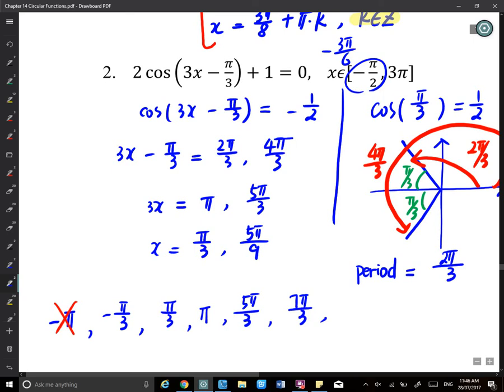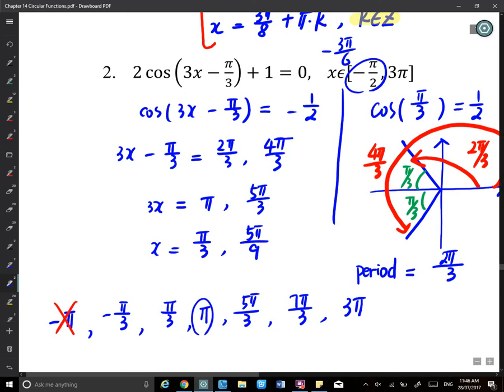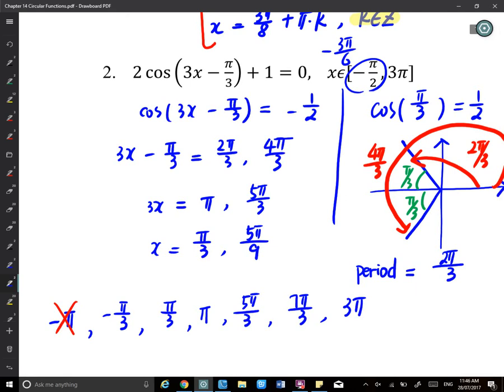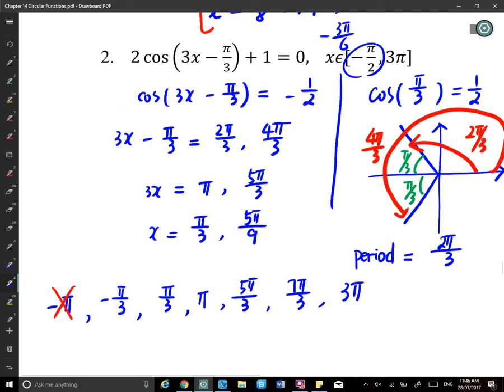Add another 2 pi on 3, which is 9 pi on 3, which is 3 pi, which is fine as well. You just keep adding periods. Once I reach 3 pi, there's no point in adding anything else, it has already reached the boundary point. So that's my first solution.